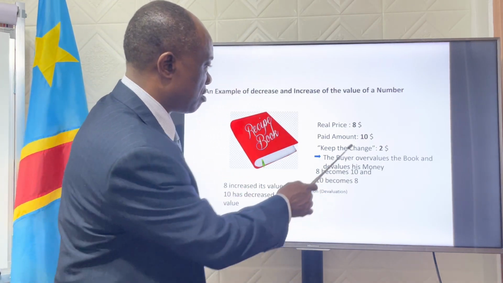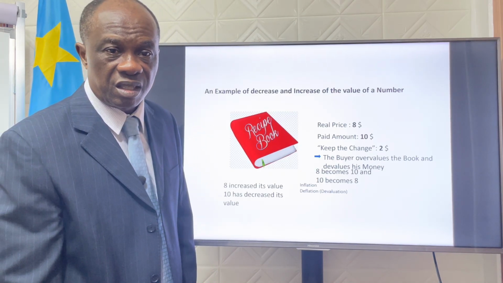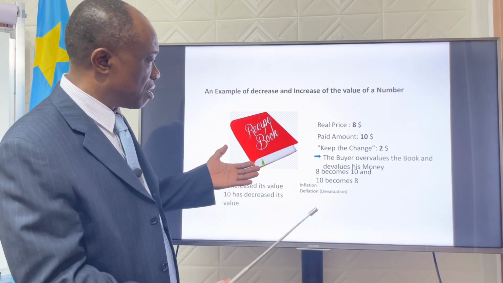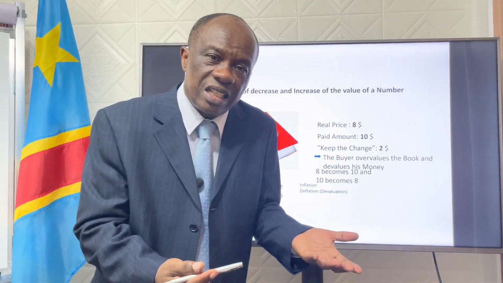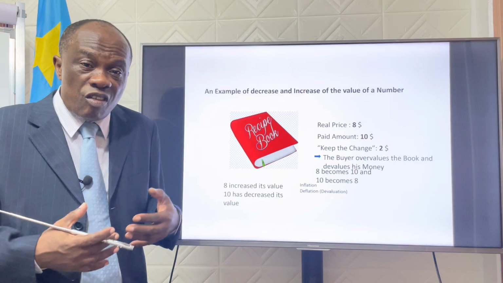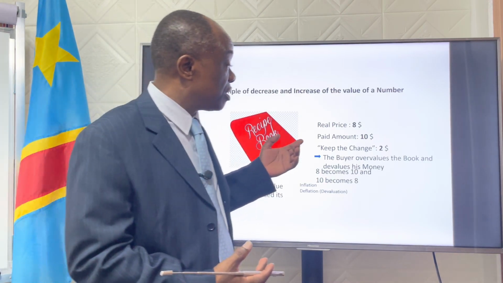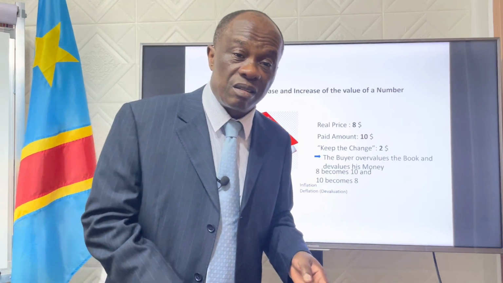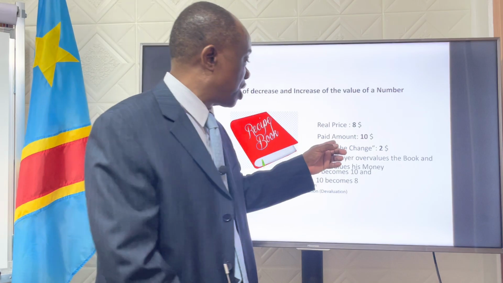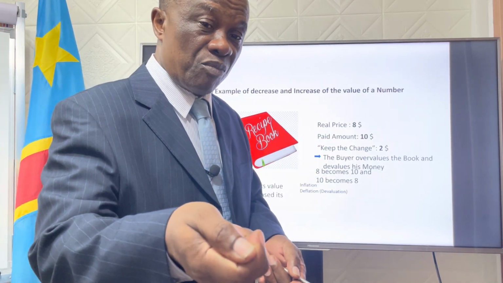The book costs only $8. Then, because you are very excited, you have found the book, you give so much value to that book. Then you tell the guy, keep the change. You have $10, okay? Then you give it to him.